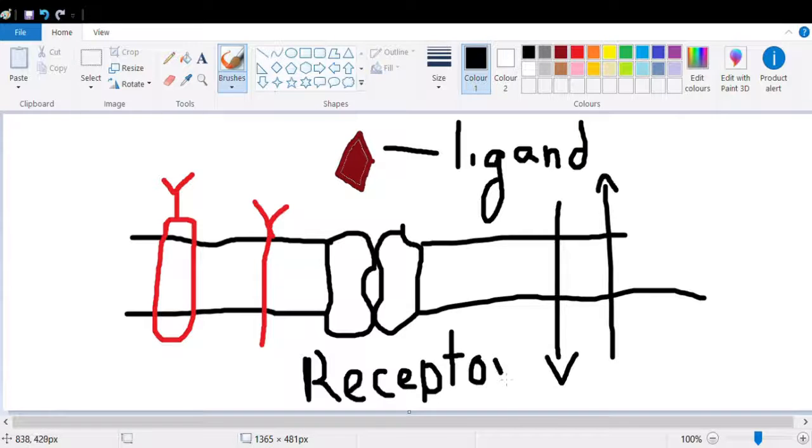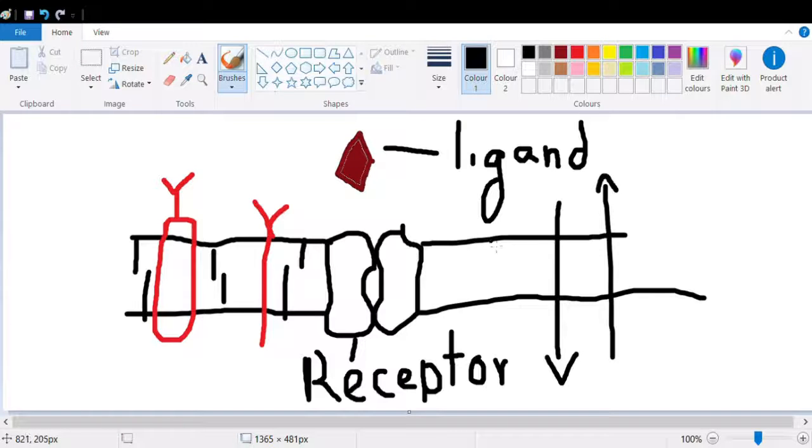Those are some of the exceptions in how drugs act, and also there are some exceptions like osmotic diuretics, antacids, and heavy metal chelating agents. So this is a diagrammatic illustration of how this ligand receptor action takes place.